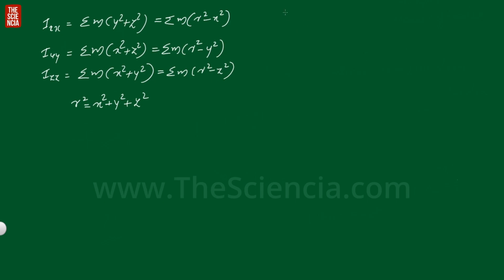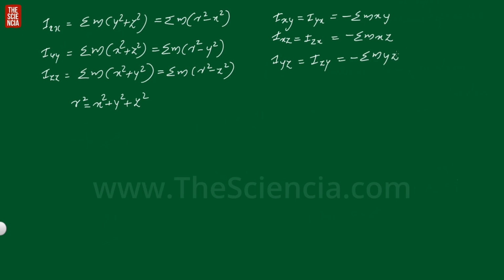And we know Ixy equal to Iyx equal to minus summation m xy, and Ixz is equal to Izx equal to minus summation m xz, and Iyz is equal to Izy equal to minus summation m yz.